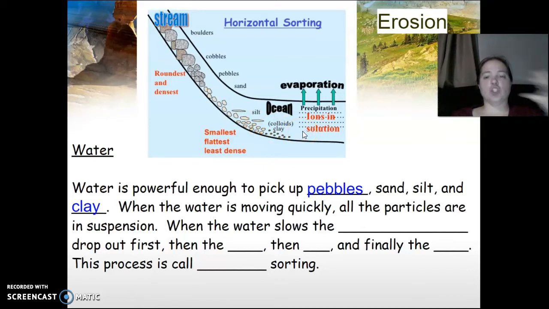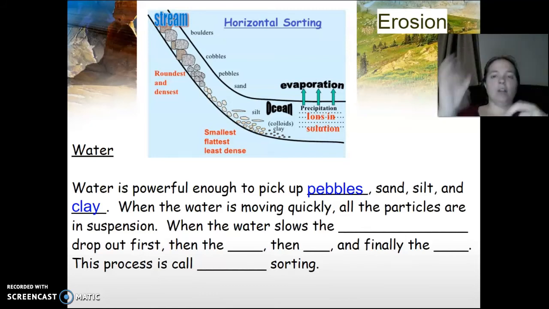Like if I was to shake them all up, they would be all in suspension, and you couldn't tell the difference between the two. But as soon as you stop shaking, like one of those pretty little glitter things, everything's mixed together, but as soon as you stop, it starts settling down. The heavier stuff falls out first.